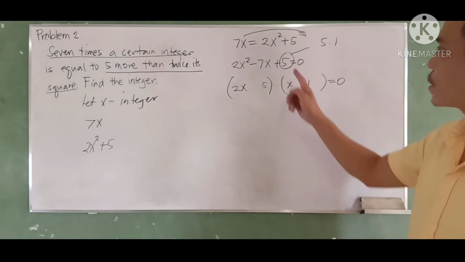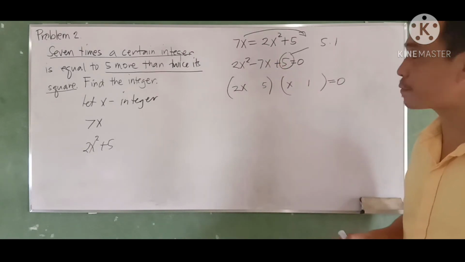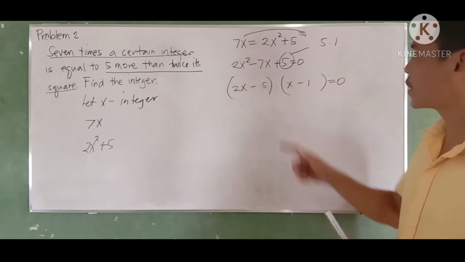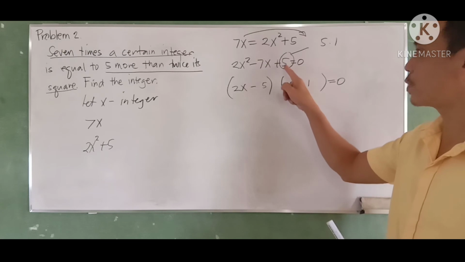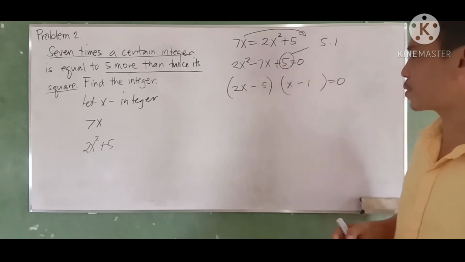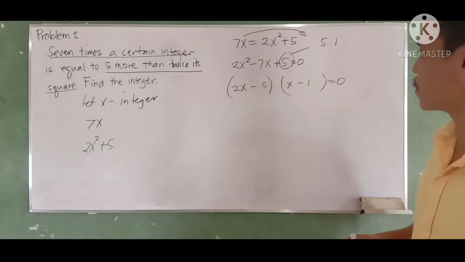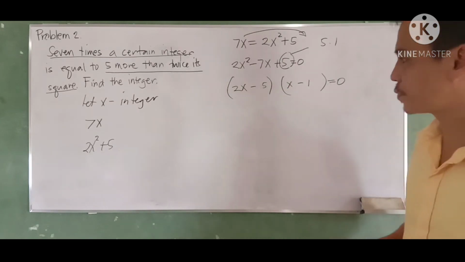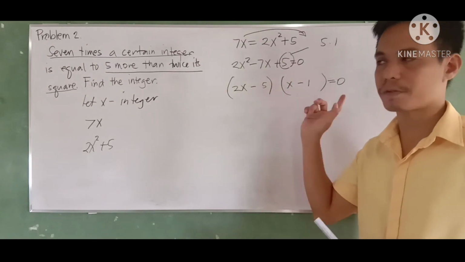So therefore, what is the sign is positive. So therefore, these both are negative and negative. Bakit? When negative and negative multiplied, we have positive. Added is negative. So therefore, let's try if these factors are correct.